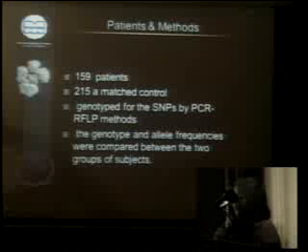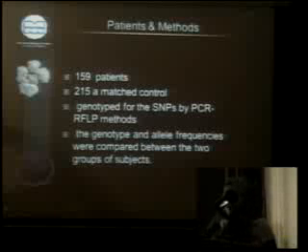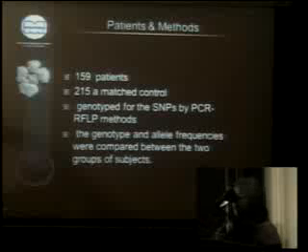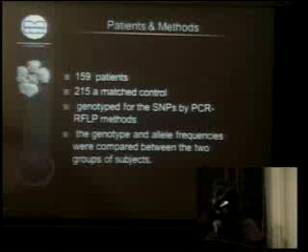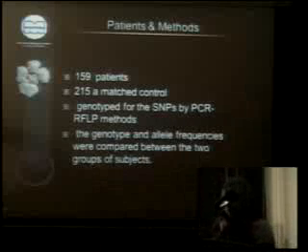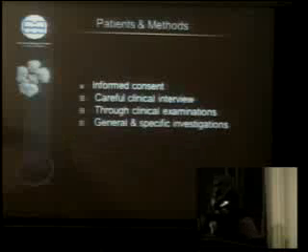Then all patients and controls were screened for infectious diseases like HIV, hepatitis B, syphilis, or hepatitis C. Then genotyping for SNPs by PCR and RFLP method was carried out at Erasmus Medical Center.